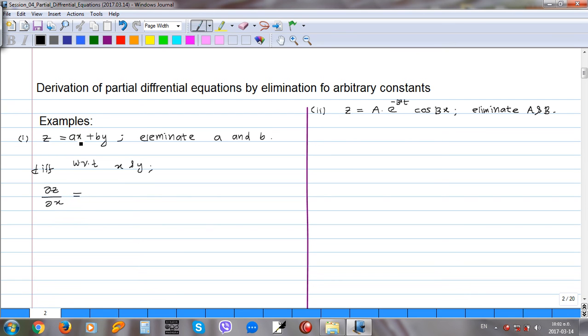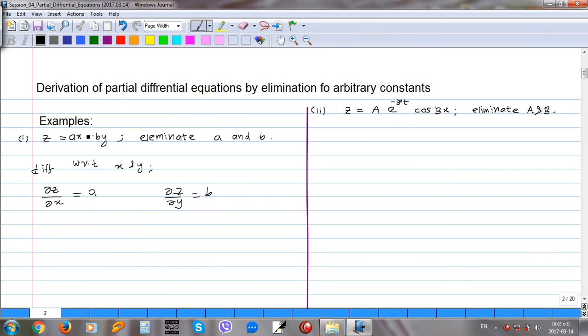Here a is a constant, then x, and this one goes to 0, and here remaining only a, right? Next we can differentiate with respect to y, then ∂z/∂y, then here this part goes to 0 and this is a constant, then b, right?